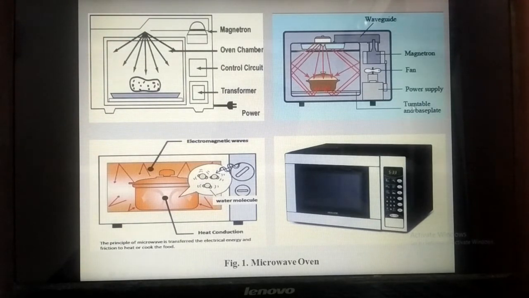This is the turntable, which rotates 360 degrees. These show how to cook the food. This is the actual diagram of a microwave setting. This is the control panel, where you should set the time, and these are some buttons of the microwave.